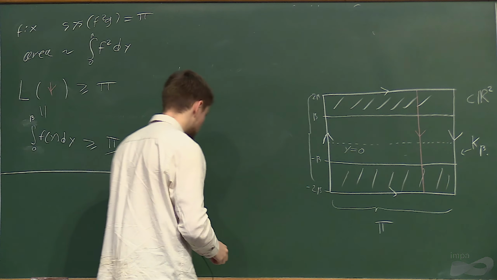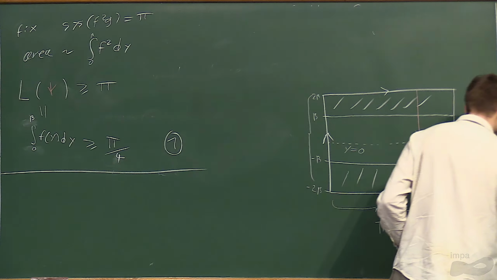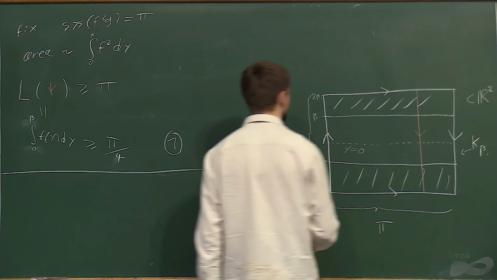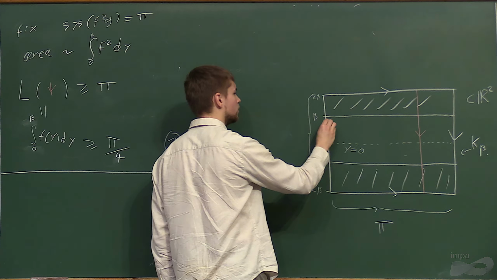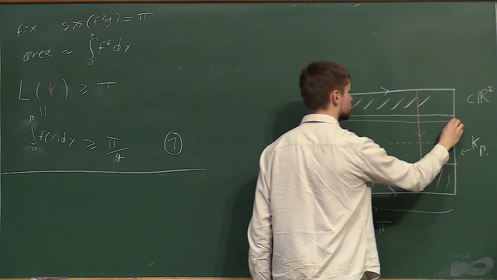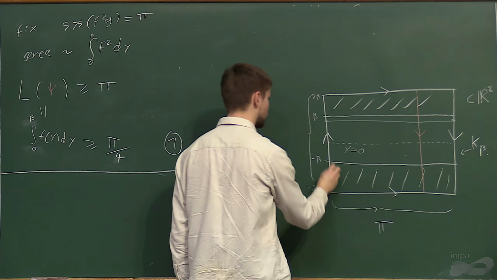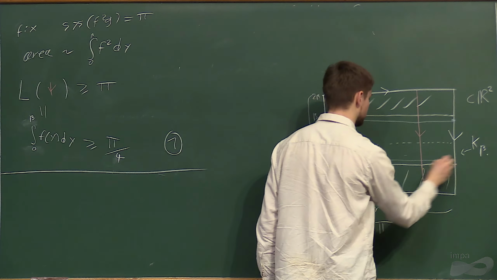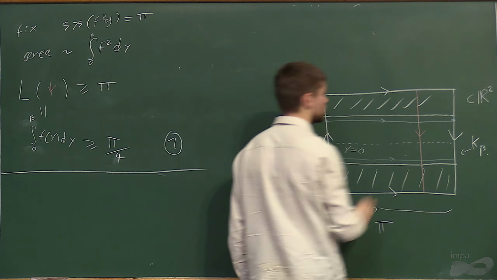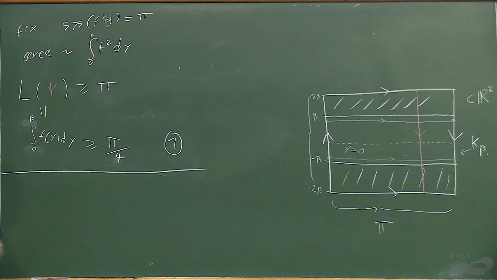Another thing which we can do is we can look at curves that start at any value of y. They just start here, go straight to the other side. Then we will come out here and go also straight in this direction. So this is a closed non-contractible curve.